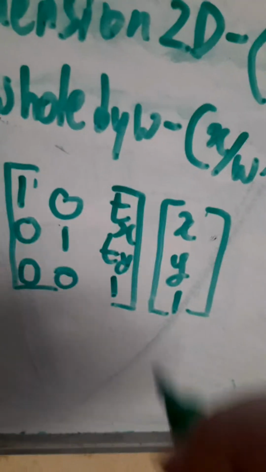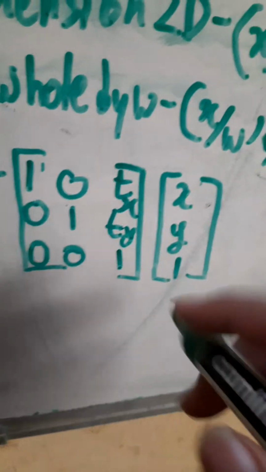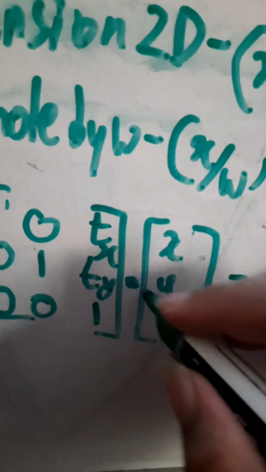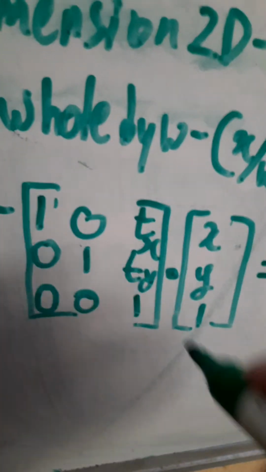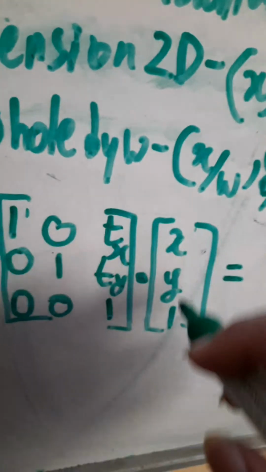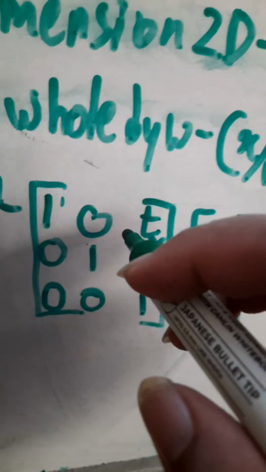Now when I solve this, it would still be addition. So this becomes matrix multiplication. What do we do in matrix multiplication? We multiply this row to this column and add it.